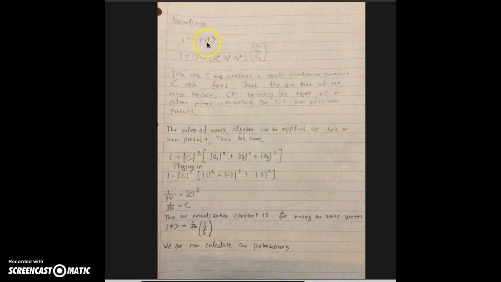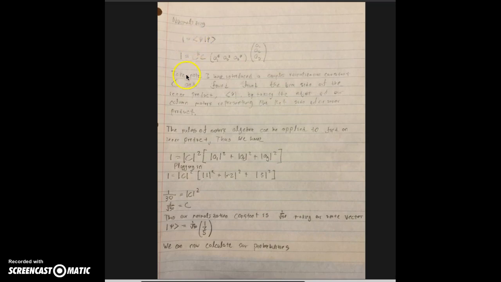Right now we have the matrix notation for our ket, which is a column vector. So we need to take the adjoint of our column vector representing our ket in order to get the bra side of the inner product.